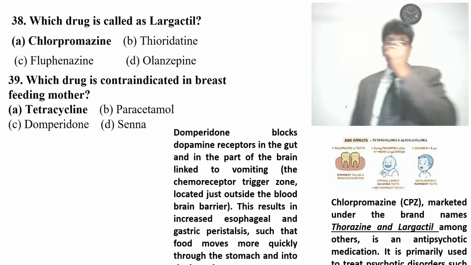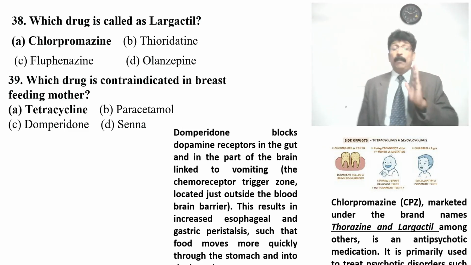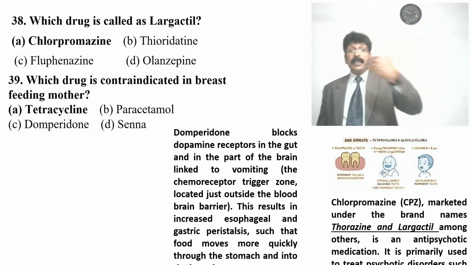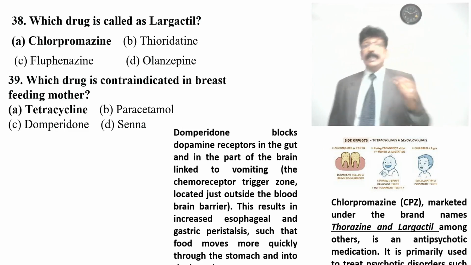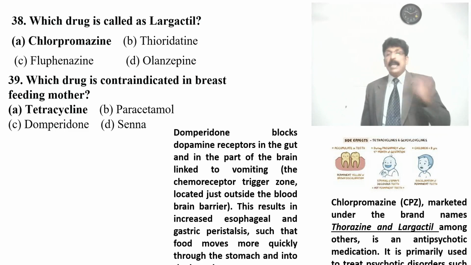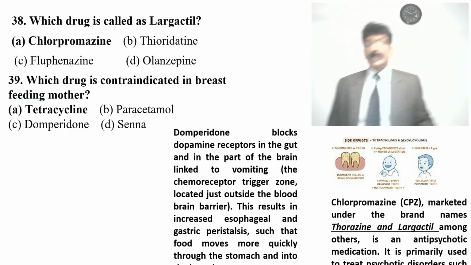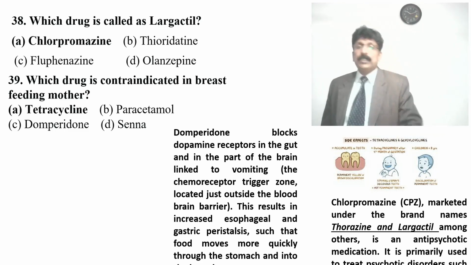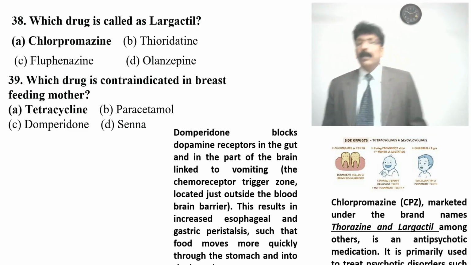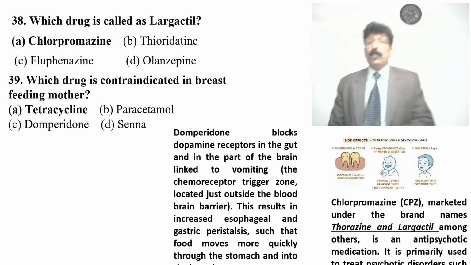Domperidone blocks the dopamine receptor in the gut and a part of the brain linked to the vomiting center, the chemoreceptor trigger zone (CTZ), which is located outside the blood-brain barrier. This increases esophageal and gastric peristalsis, so food moves quickly through the stomach into the intestine, by which you can control vomiting. It was used for controlling vomiting in motion sickness and traveling sickness.